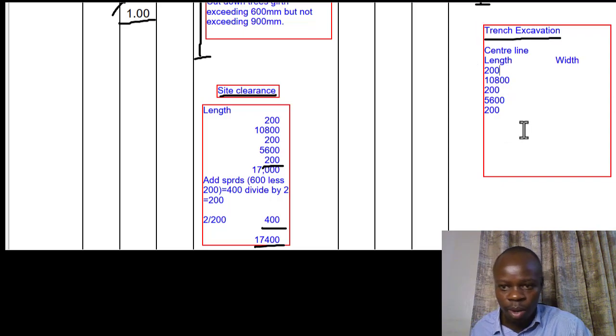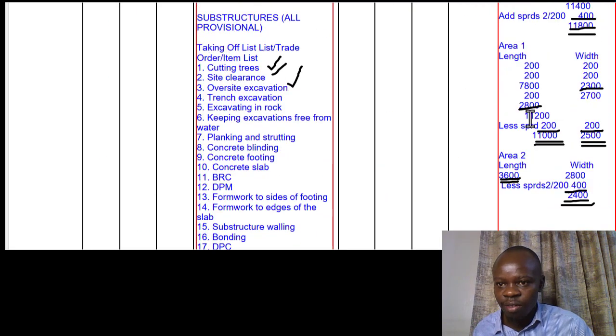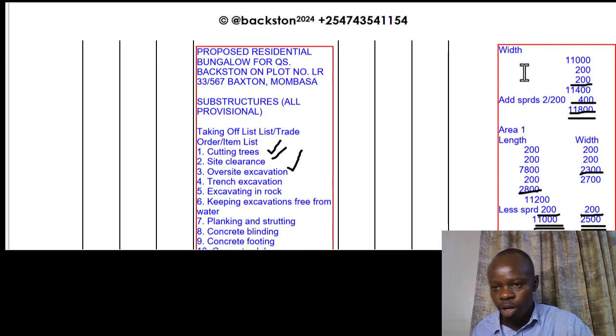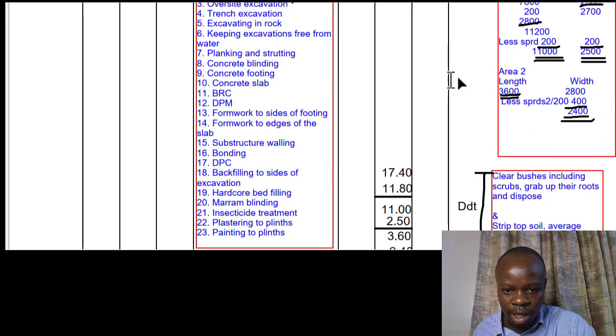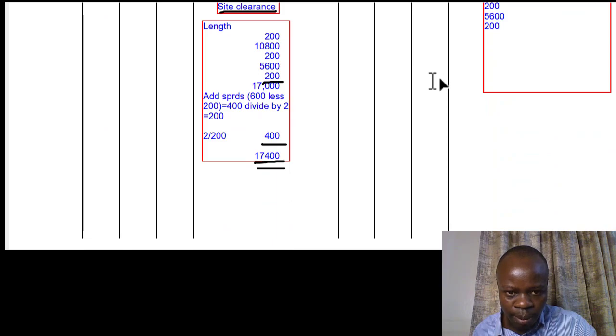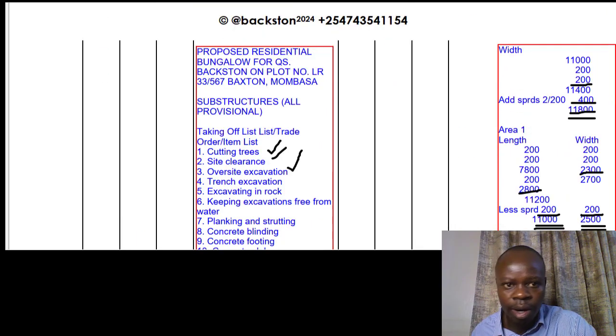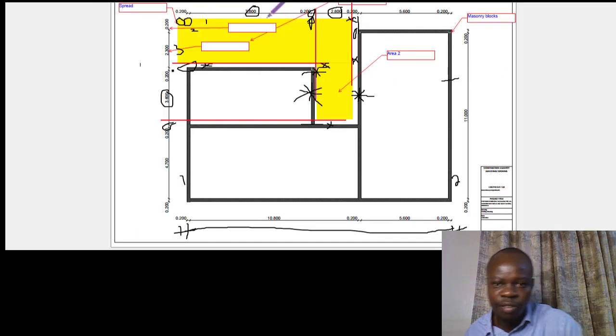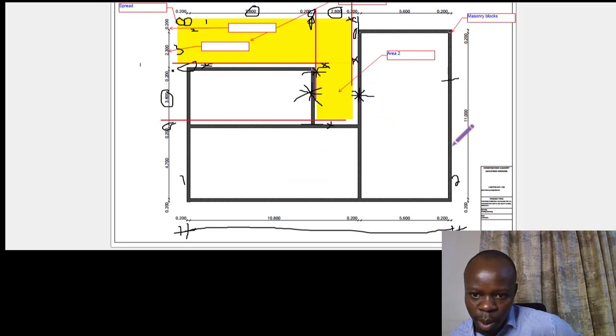Yes, so from the width as well, let's see what we have. The width, we already have the dimensions and written them here. So we have 11,000, no, that is another part. Let's see the main bigger area. Let's just make our reference here. The main bigger area, of course, is here: 11,000 plus 200 plus 200.